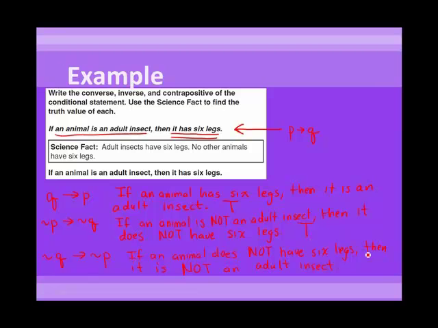So if the animal doesn't have 6 legs, then the animal is not an adult insect. And I would say that one is true as well. So all of these have a truth value of true.